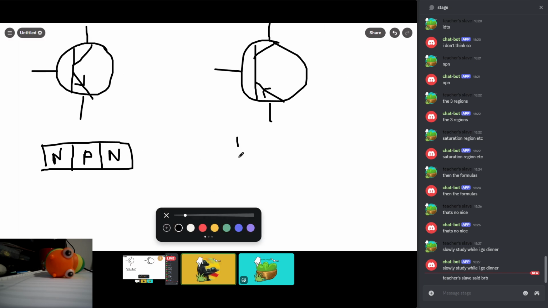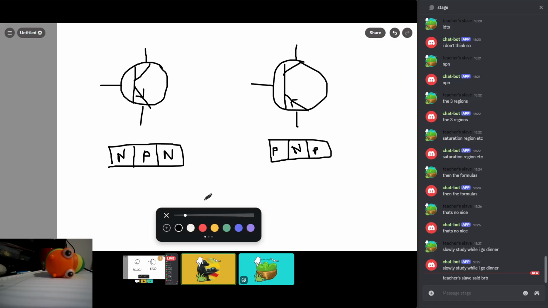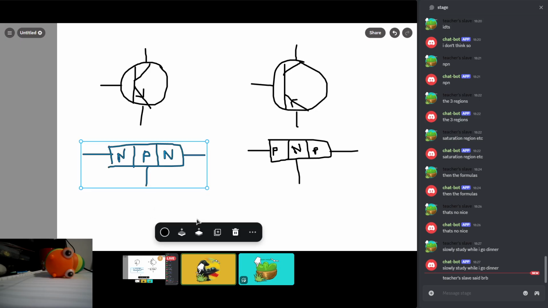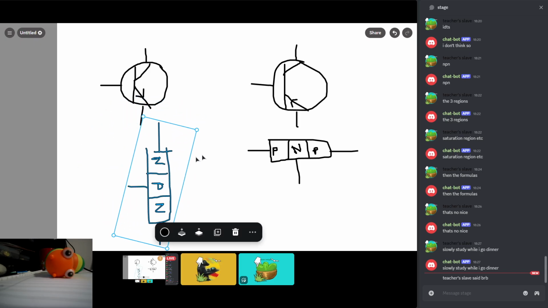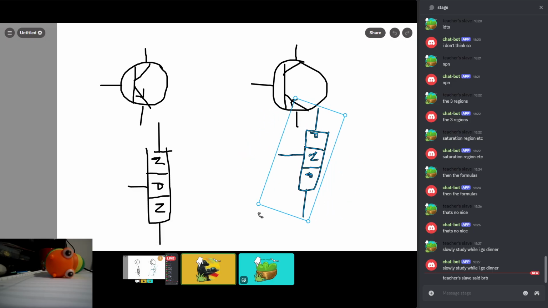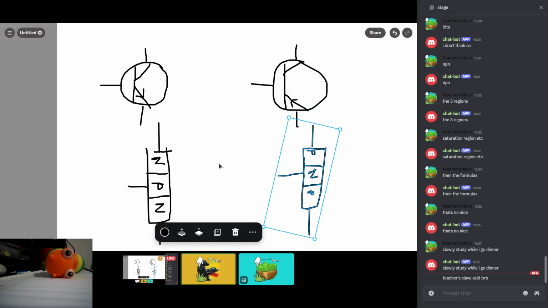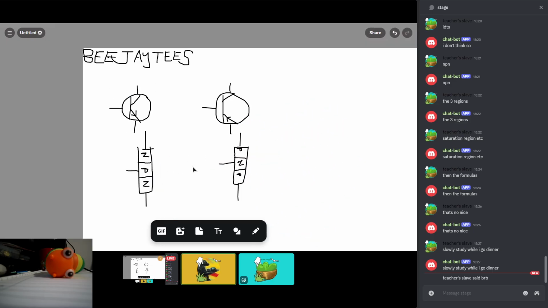So NPN and then PNP, like so, and it kind of looks like this. So you can see how it corresponds to the one above. So that's the configuration for NPN and PNP.